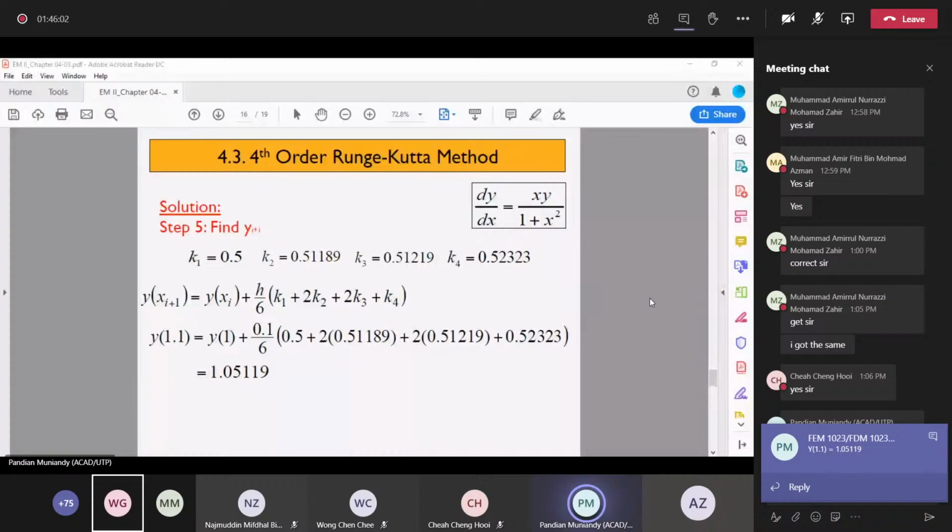To check your answer, use the separable method solution, y squared equals 1 plus x squared over 2. Substitute x equals 1.1. Calculate y equals root of 1 plus 1.1 squared over 2. So can you answer? What is the answer?